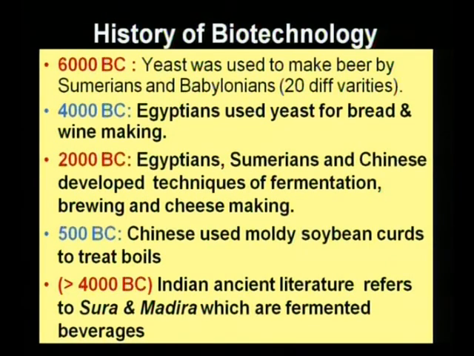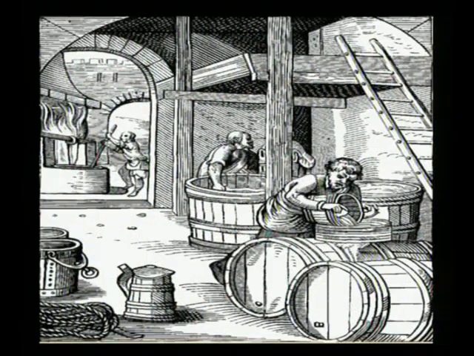In 2000 BC, Egyptians, Sumerians and Chinese developed techniques for fermentation, brewing and cheese making. In 500 BC, Chinese used moldy soybean curds to treat boils, that is, to treat some type of infection. Then Indian ancient literature refers to Sura and Madira, which are basically fermented products.